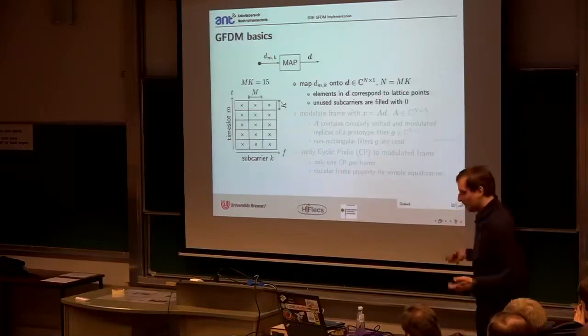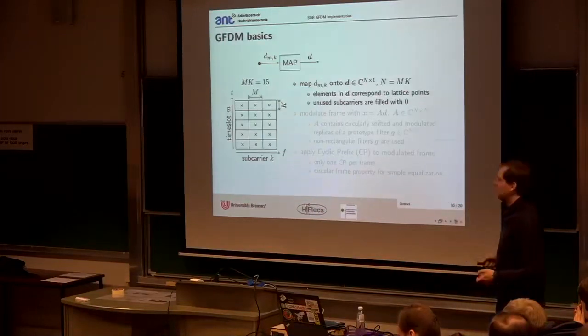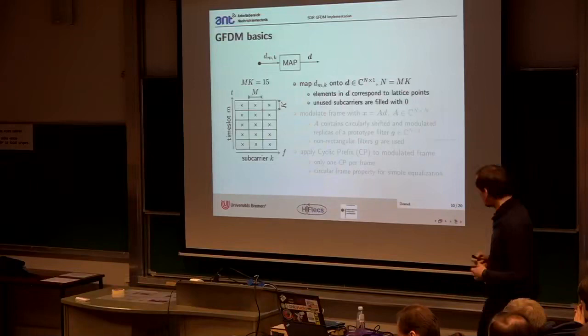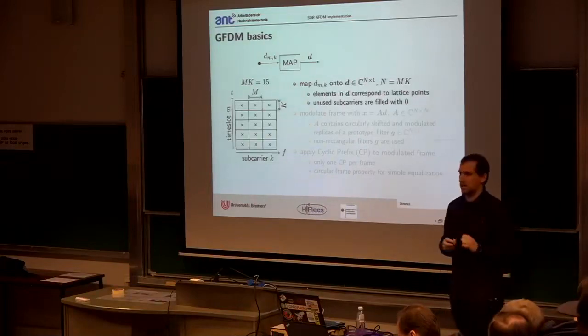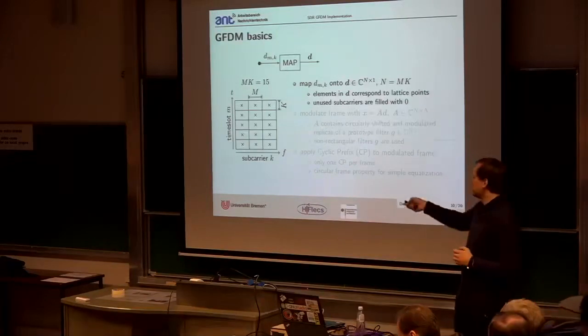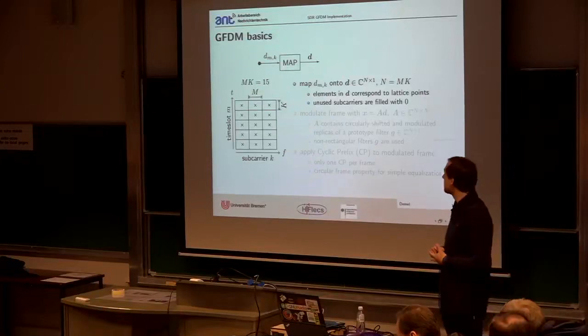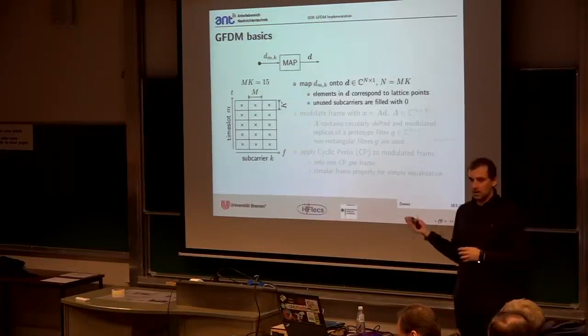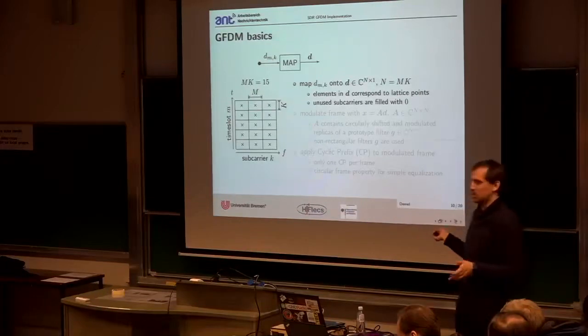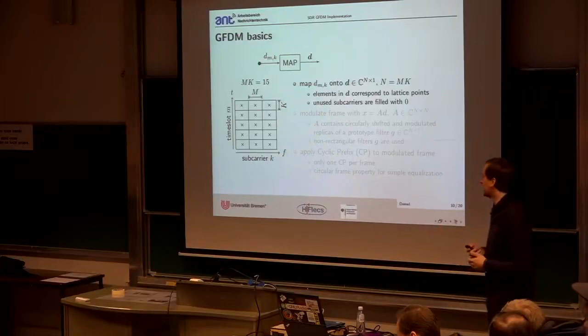And, well, we save that in a vector of size N, of course. And every single one of these elements in the vector now corresponds to one resource element here in our resource grid. If we for some reason don't want to use all the resources, we can just set them to 0, so it would look like we just don't transmit on that frequency.